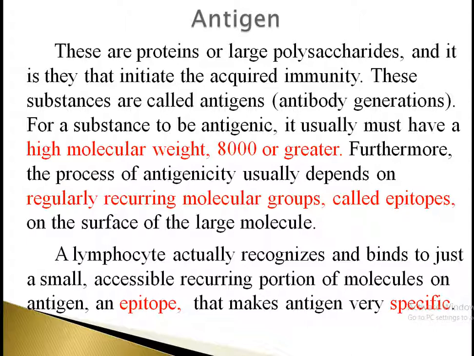So any substance which fulfills this criteria, we name it as antigen. This is the substance which is going to produce the antibody reaction. A lymphocyte actually recognizes and binds to just a small accessible recurring portion of the molecule on antigen, which I have already discussed, that is called the epitope.